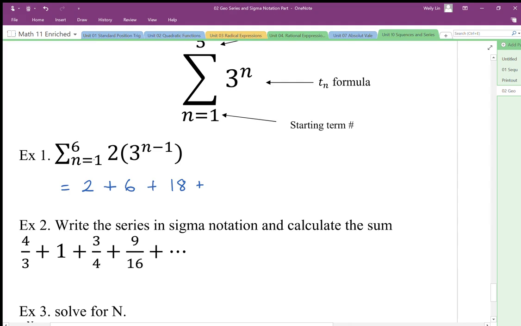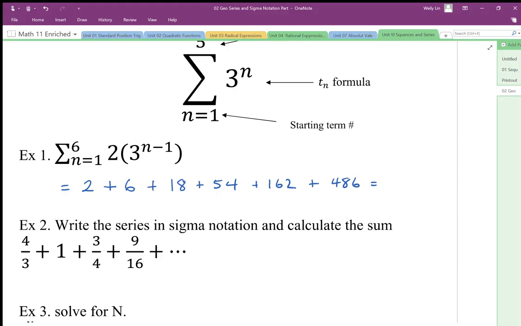But I can just plug in n each time to generate each term of this series. So that's my 4th term, my 5th term, and my 6th term. And then I just take all those terms and I add them all up, and then I end up getting the answer to this series.